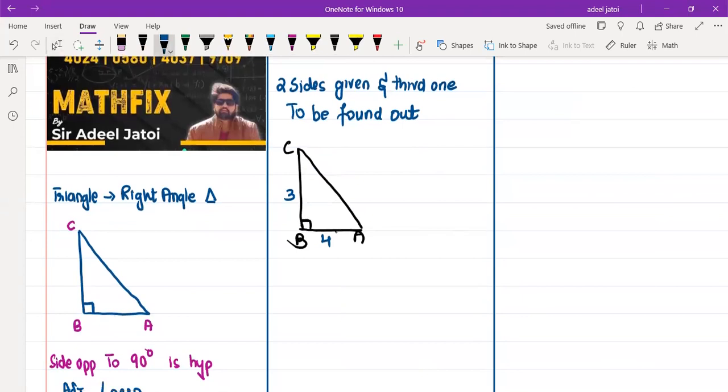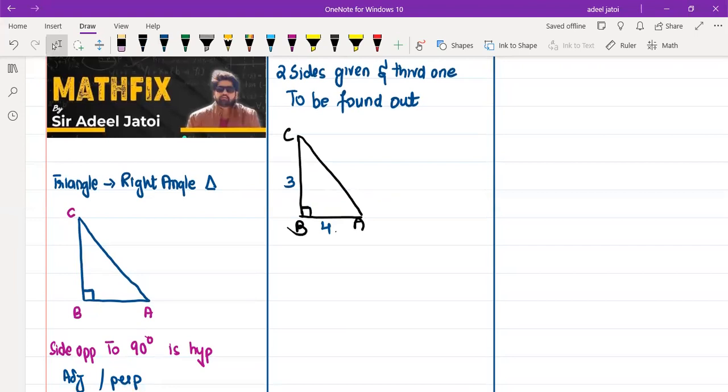So now we know that number one, it's a right angle triangle. Number two, two sides are given. We need to find out the third side. When two sides are given and we need to find the third side, then this can be used as AC square, because AC is hypotenuse, whereas we can use AB square, AB can be base or adjacent, plus it can be BC square, and BC can be taken as what?